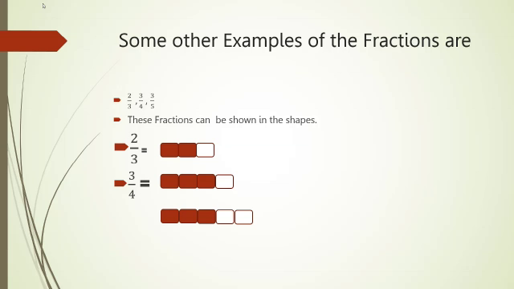The second shape is showing the fraction 3 over 4. Here the shape is divided into 4 equal parts and out of 4 parts, 3 parts are colored. 3 is showing the numerator of the fraction and 4 is showing the denominator of the fraction.